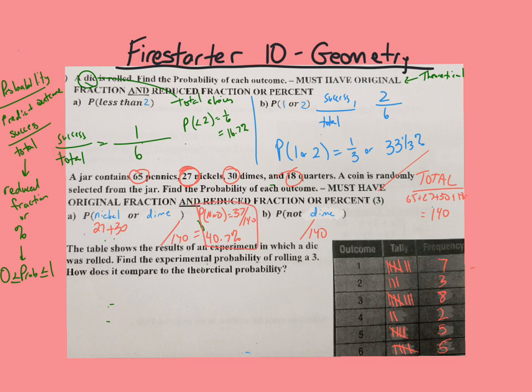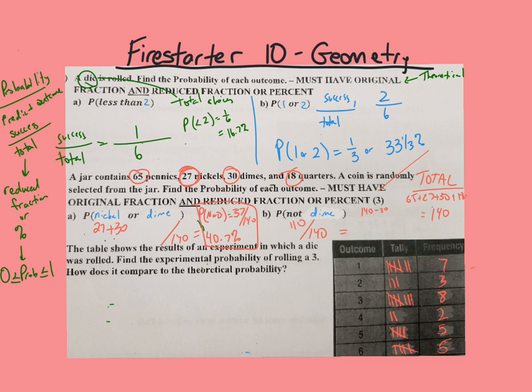Alright, so now not a dime, okay? Not a dime would be the same thing as having all the pennies, the nickels, and the quarters together. Or I'm just going to take all of them, which is 140, and minus the dimes. So I'm going to have 110 over 140.